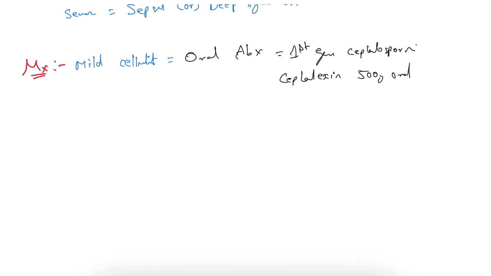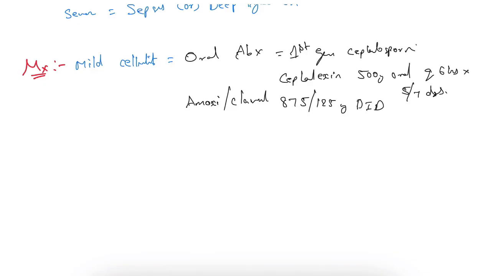500 milligram orally every 6 hours for 5 to 7 days. Or you can go with amoxicillin clavulanate 875/125 milligram BID.